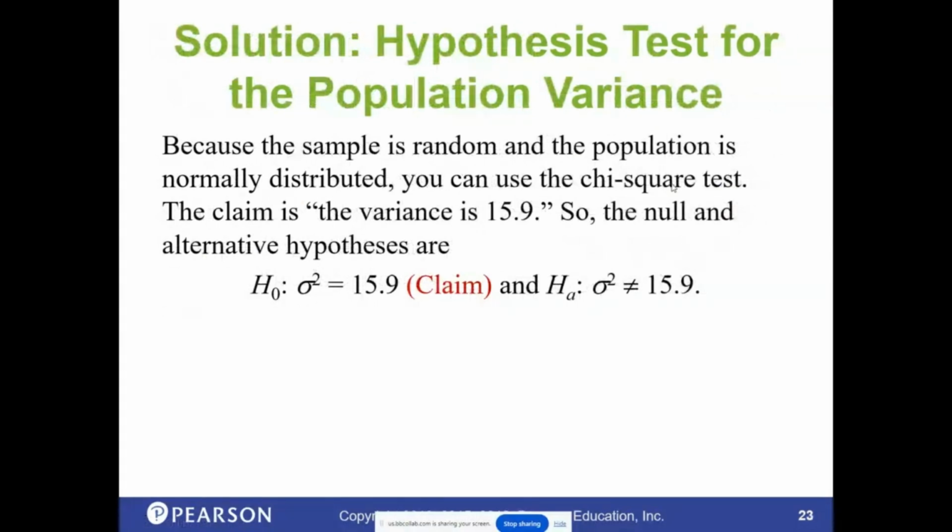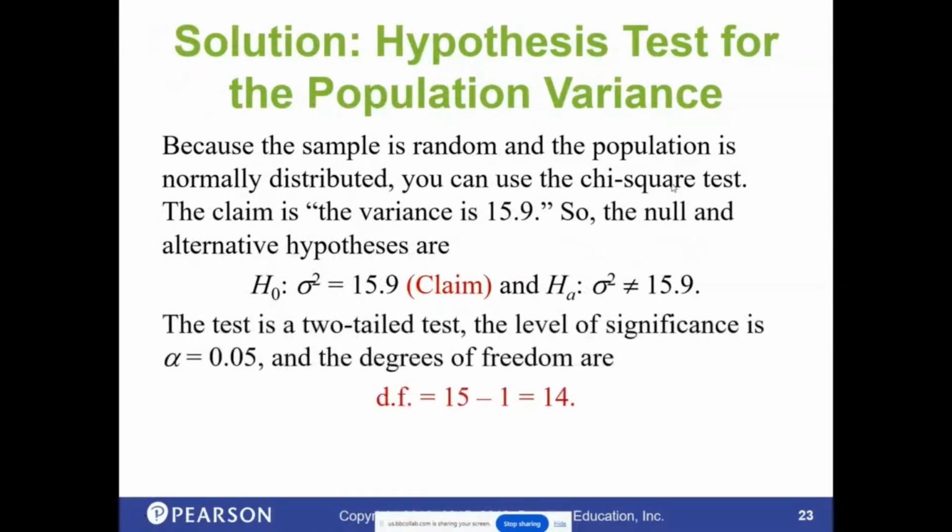So based on that H sub A, what kind of test do we have this time? Two-tailed, because it's not equal to. So I need to take my alpha of 0.05 and I want to take half of that. So that means I'm going to look up 0.025 and then the other number is going to be 1 minus that, so 0.975.